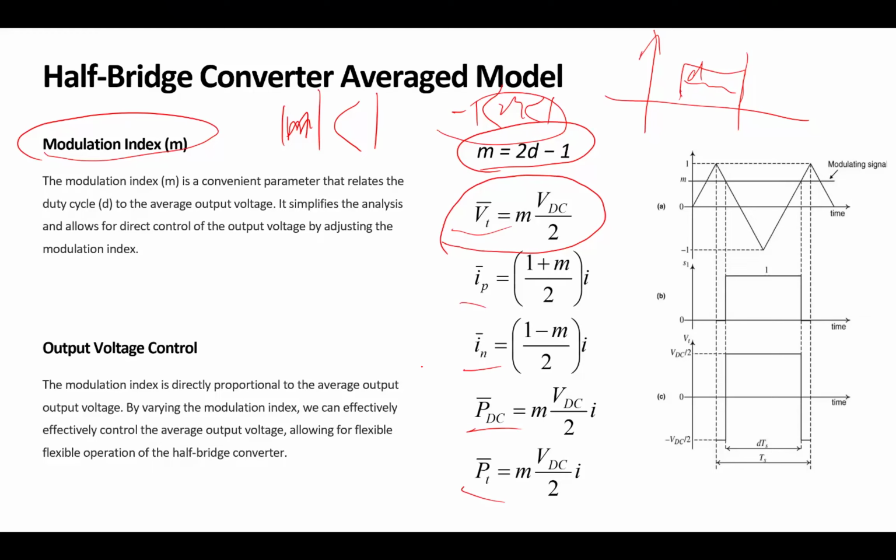Correct? So the efficiency of the gain for the power, the efficiency of your inverters, in the ideal case, is going to be M. See how significant the modulation index could be? So it defined a lot of things. Are we good? Any questions so far?